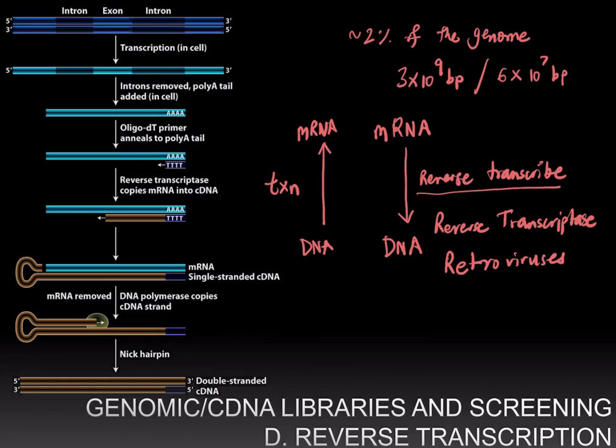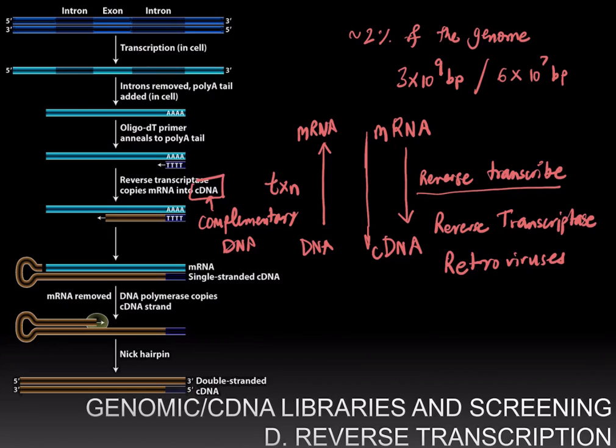And since this DNA is complementary to the mRNA, it's known as complementary DNA or cDNA. And so, strictly speaking, in this process, we are not making DNA, we are making complementary DNA, cDNA.